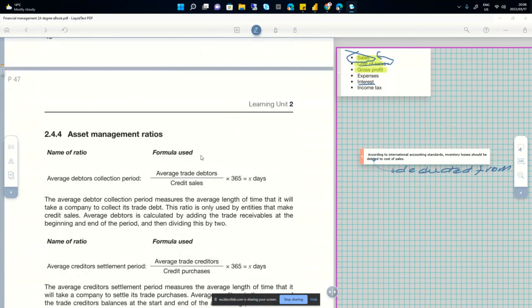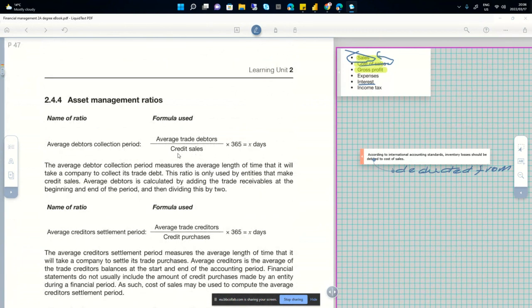All right. So then we have asset management, average debtor collection. Very important, very important. We will look at this. I'm talking obviously about the asset management in all. We will look at our creditors, our debtors. Creditors are the people that lend us money.